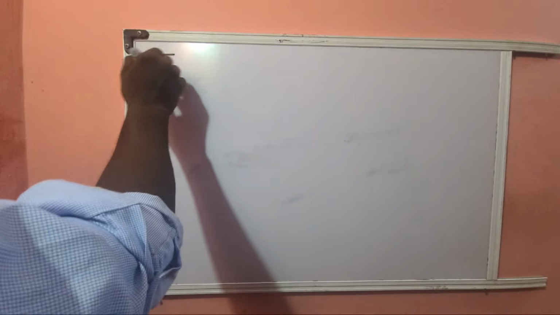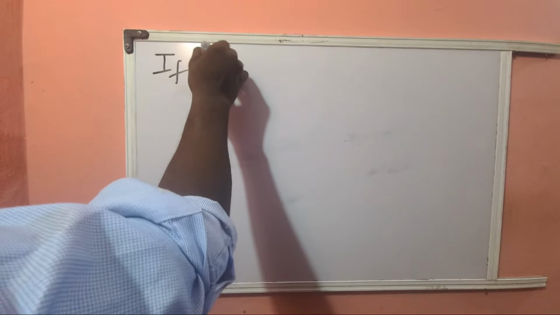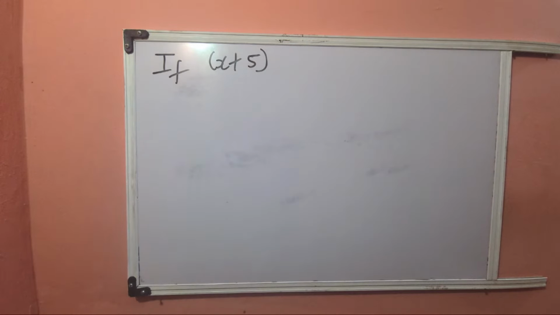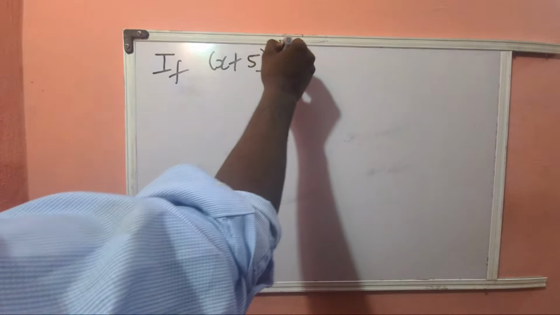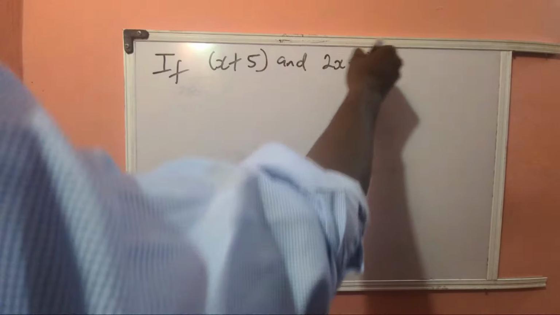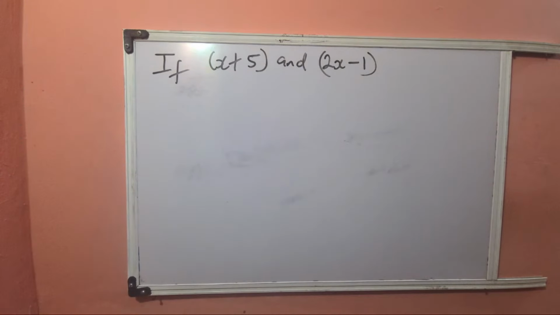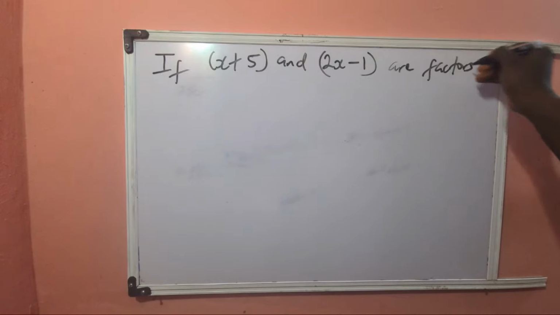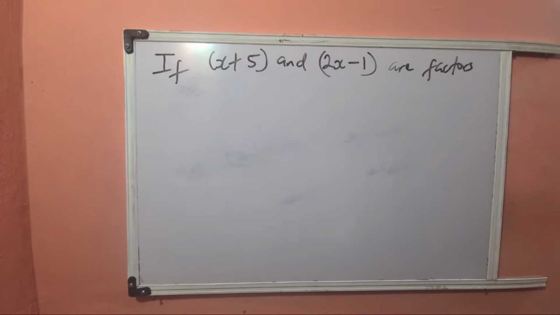All right, let me try and write the question out. You can make an attempt if you can. We're told that if x plus 5 and 2x minus 1 are factors of the polynomial we have here. So this is the polynomial.